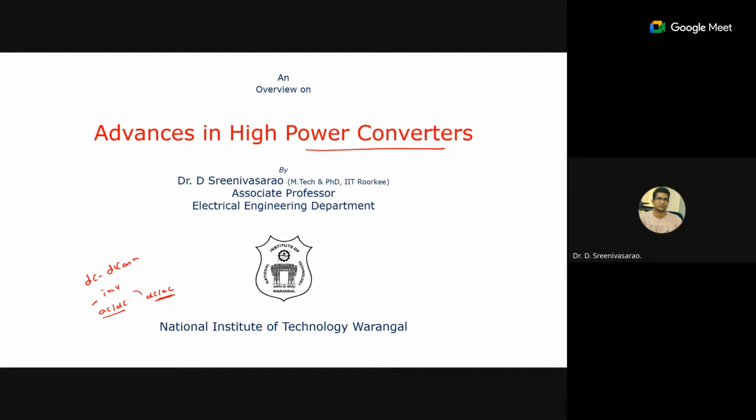The DC-DC converters are again unidirectional or bidirectional, and isolated and non-isolated DC-DC converters are there. First we'll focus on the power converters, especially the inverter portion. Later on we will move to the DC-DC converters.